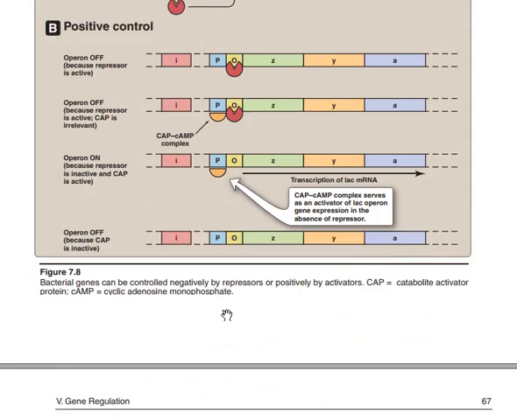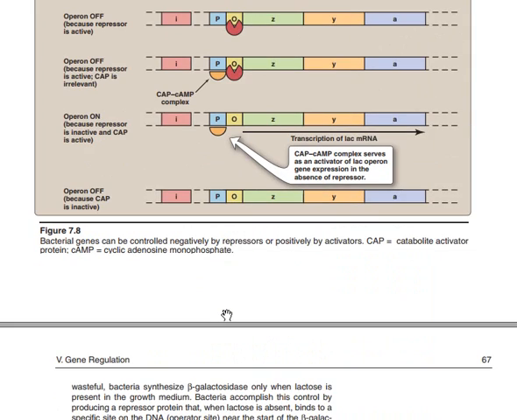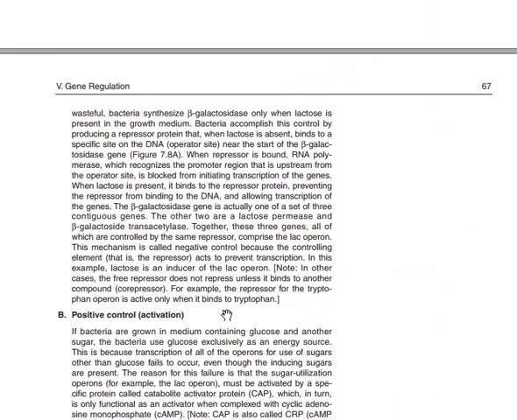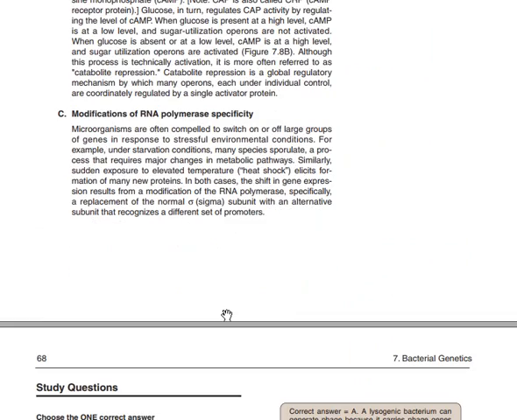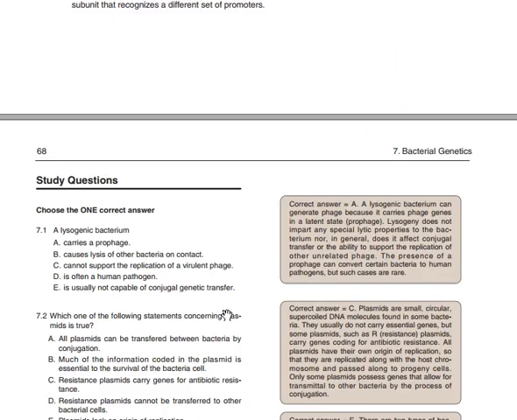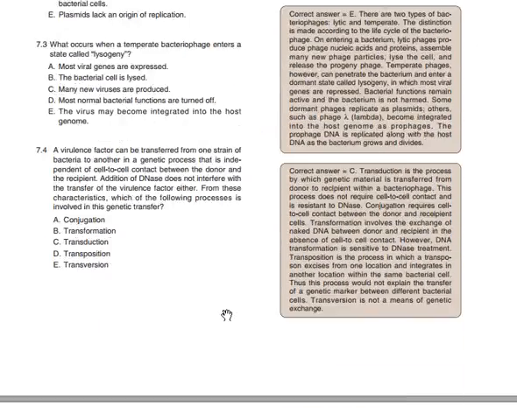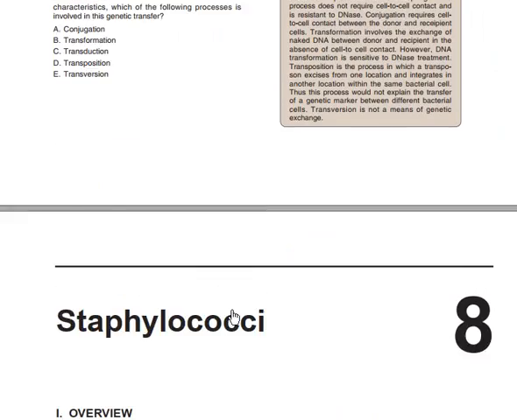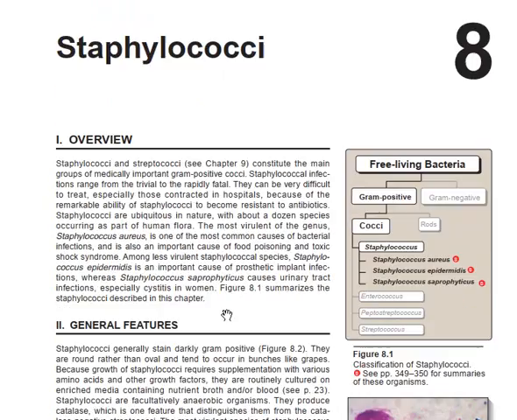Is it clear? So all these are the factors involved in the positive control and the negative control mechanism. Negative control mechanism by the repressor gene and positive control mechanism by the promoter gene. So we now pass to the next chapter of the day, that's Staphylococci.